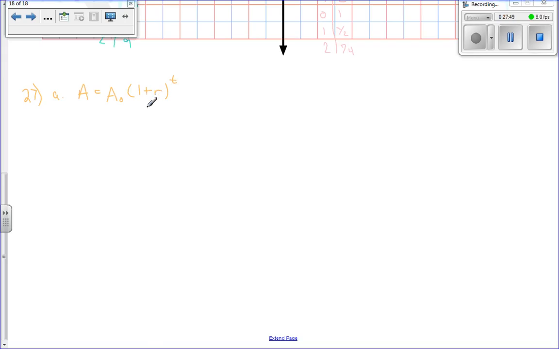I'm taking $1,000 and I'm investing it, so that's my starting amount. And I'm going to gain 6% interest. My interest is 0.06, and my time is 5 years. So I have 1,000 times 1.06 to the fifth power.